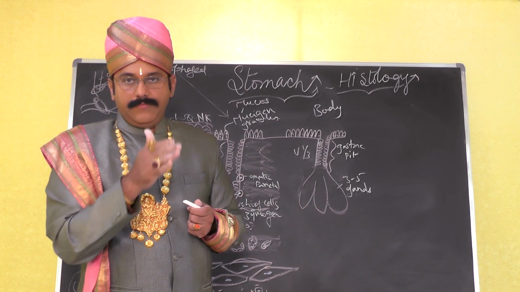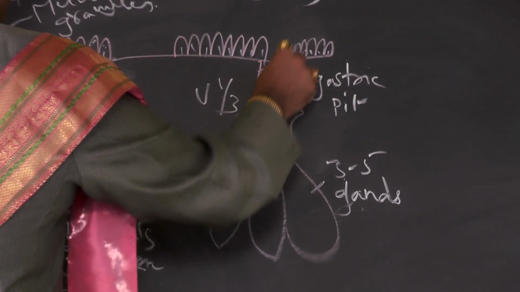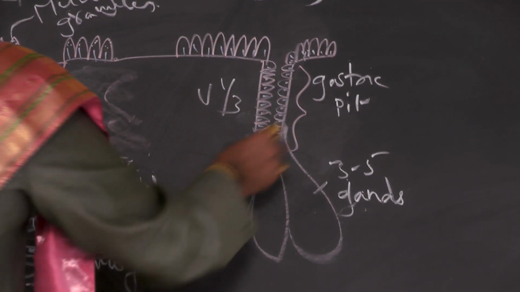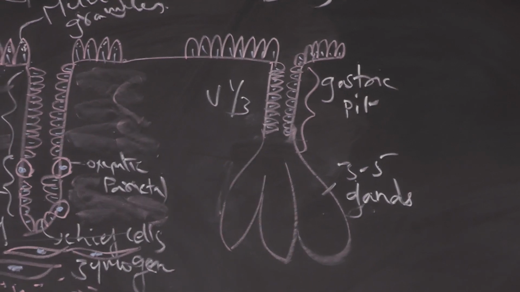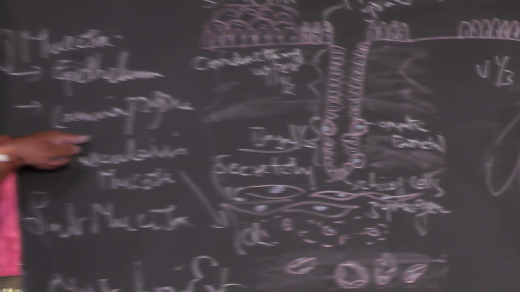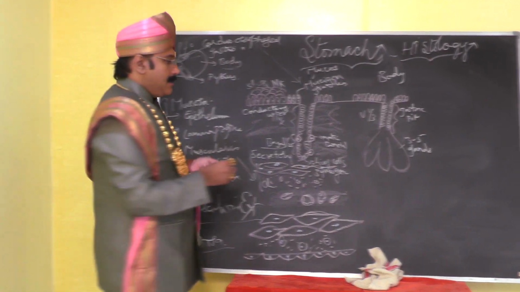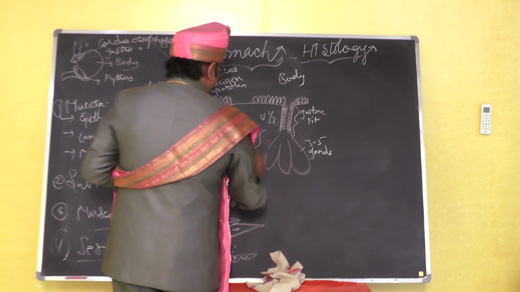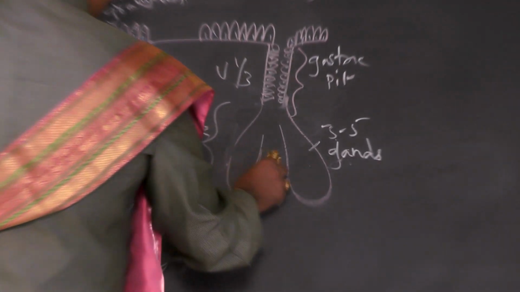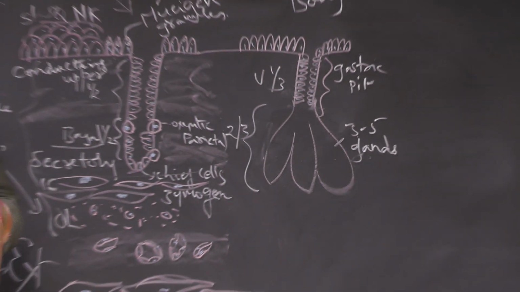The lining epithelium, please see once again, which had dipped into the lamina propria, occupying the upper 1/3 of the lamina propria, forms the gastric pits. And the lower 2/3 of the lamina propria, if you see, is filled up with the secretory part, nothing but the glandular part.